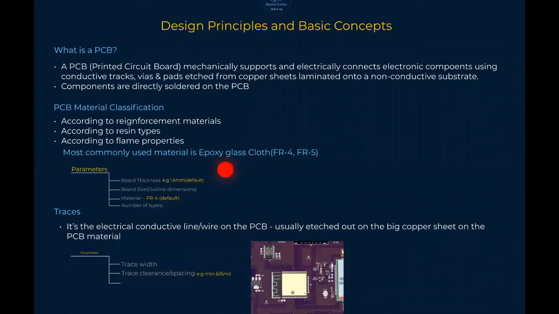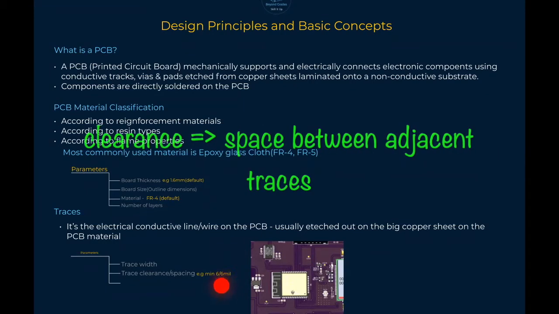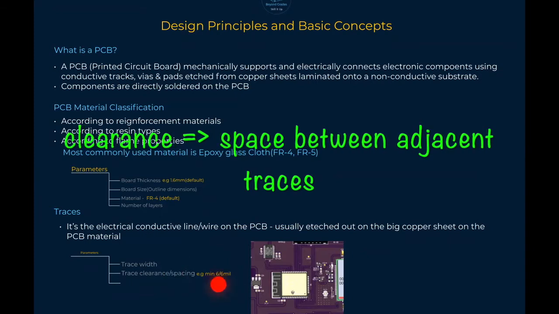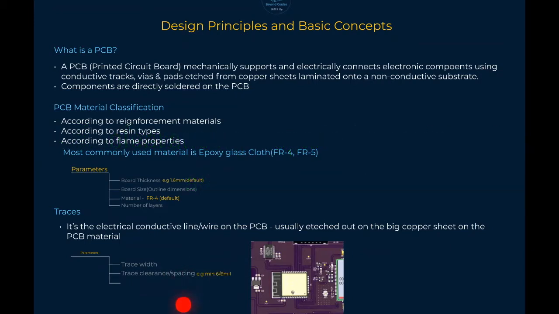You have to consider the trace width, the clearance, and the spacing. So when you see in a selection that you are given something like 6/6 mils, this means that the minimum trace width should be 6 mils and the clearance for that particular trace should be 6 mils. The first number shows the trace width and the next one shows the clearance. So always when you see this, that's what it means.